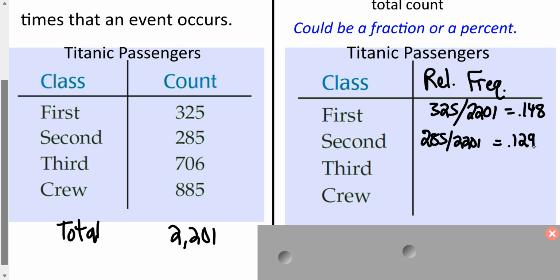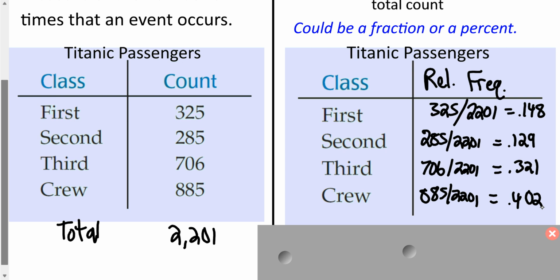Now we'll do the last two as well. 706 divided by 2201 gets me 0.321. And 885 divided by 2201 gets 0.402.